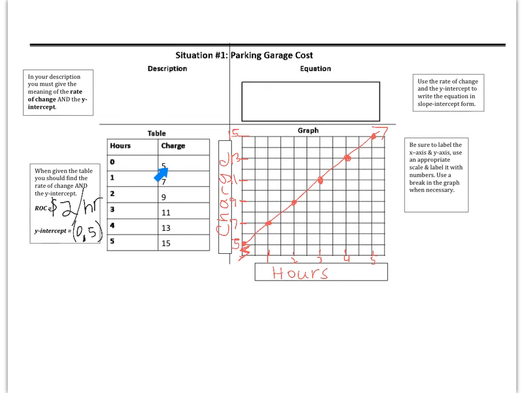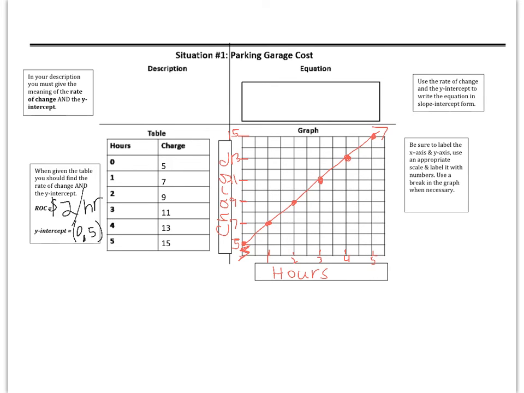The y-intercept is where they start, right? So they start at $5. What that means is that you have to pay $5 no matter what, and then after that, you're charged $2 for every hour you leave your car in this parking garage. So your description has to mention the rate of change and the y-intercept and the real-world meanings of them, right?